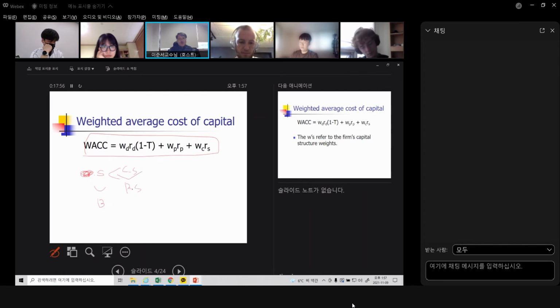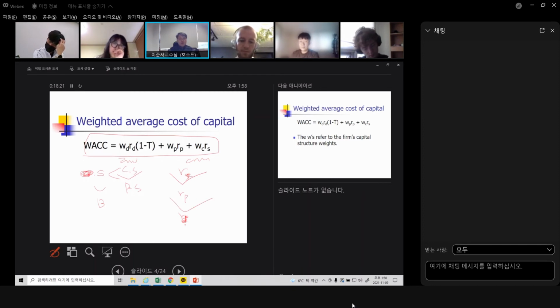If we change our perspective, not from the investor but from the company borrower, then among RS, RP, and RD, which one is higher? RS is higher than RP, RP is higher than RD, right?